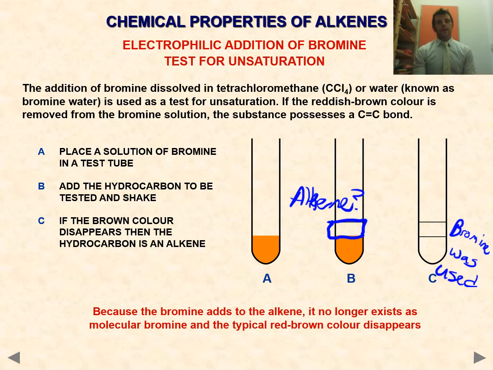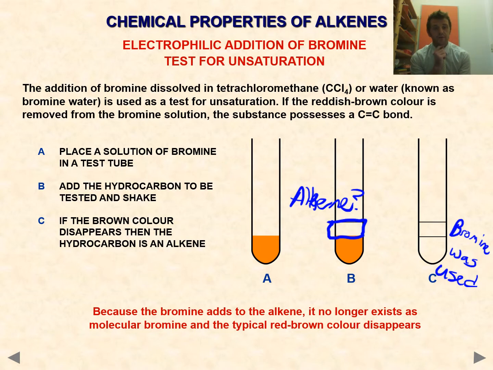One of the things that we actually use this for, and the way we can see how this reaction is happening, is we put some bromine in the test tube, and then we add in a hydrocarbon. And this is a good way for us to test if this hydrocarbon is an alkene or not. A-L-K-E-N. So if we're wondering if a hydrocarbon is an alkene, we can put it in there with some bromine, shake it up.